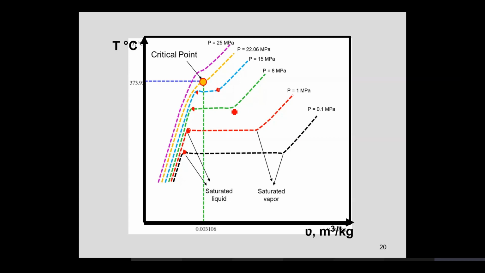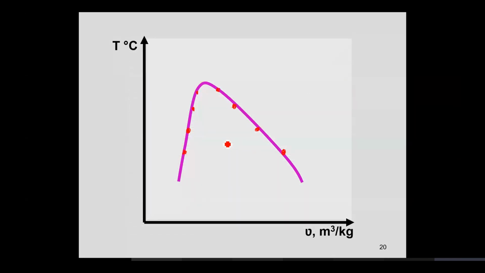These are which points? Saturated liquid and saturated vapor points. And if I try to join these points by this line, what would essentially I have?